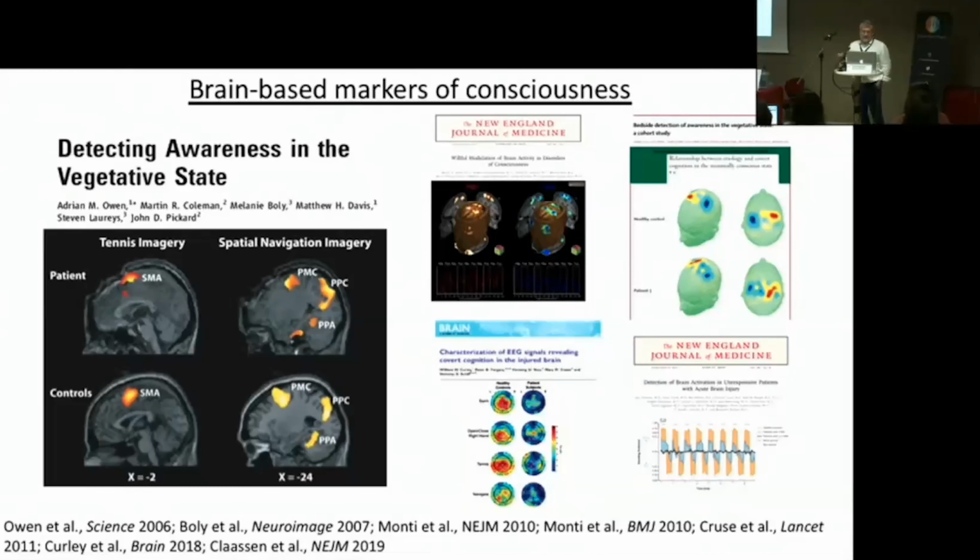The operator asks the patient to imagine doing something like playing tennis or walking around your home, then in the fMRI scan the patient showed exactly the same pattern of activation that was shown by healthy subjects during the same task. And there are different versions of the same paradigm now, also using EEG, spontaneous EEG.